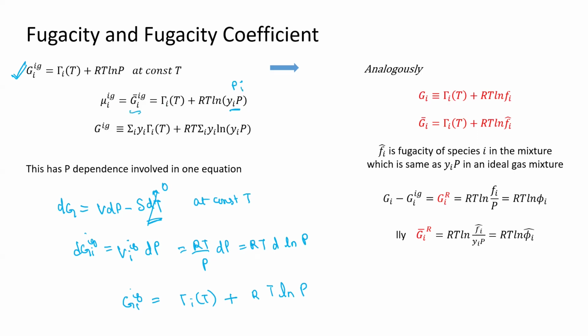So that's how I'm defining this G_i^ig bar. Now, this is i in mixture. This is pure i. This is for the mixture. G^ig equals sigma y_i into G_i bar, right? So from that we get sigma y_i Gamma_i(T) plus RT sigma y_i ln y_i P.